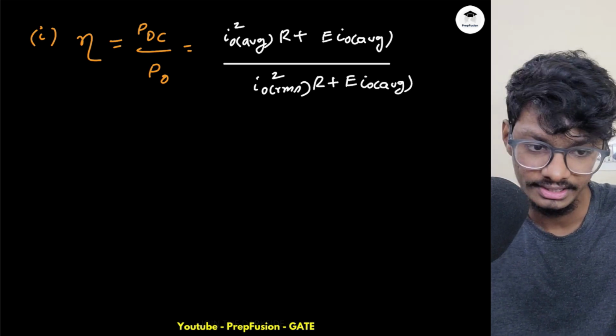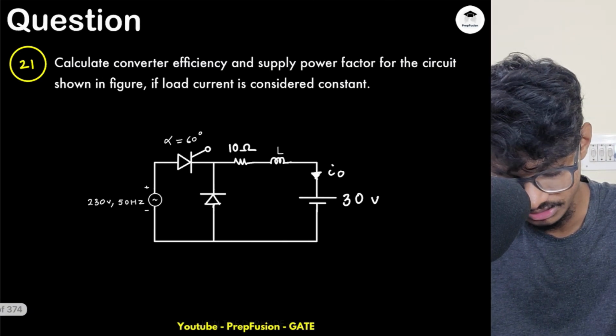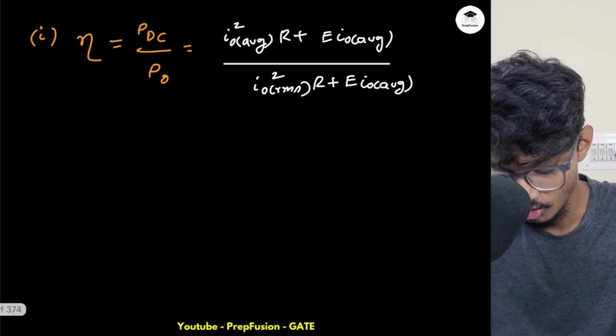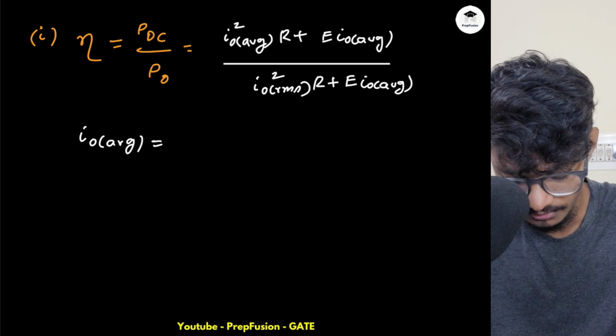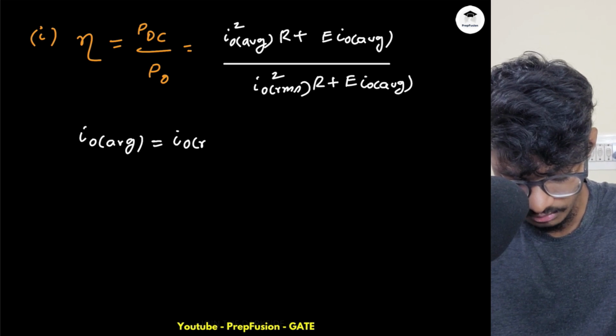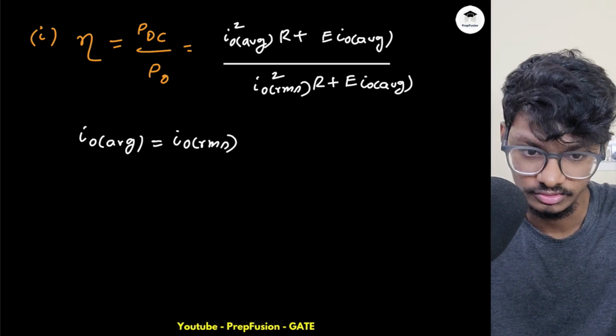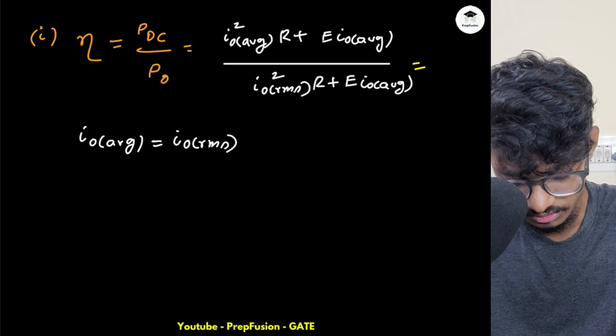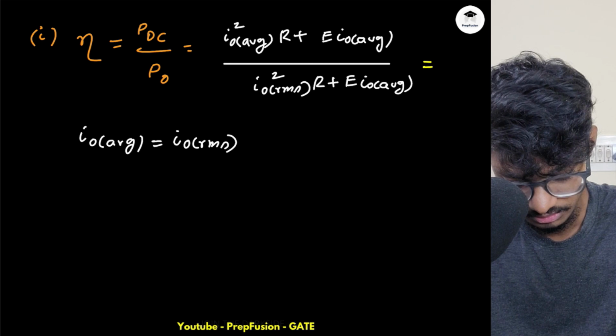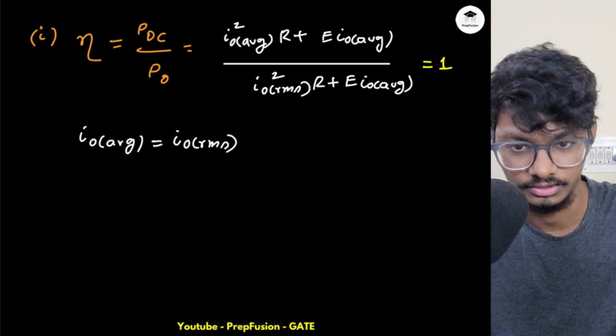Now if the load current is considered constant, obviously IO average will be equal to IO RMS. Hence this will be equal to 1.